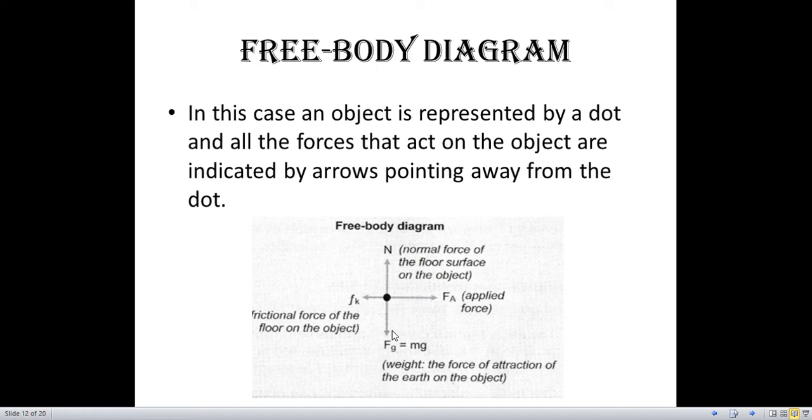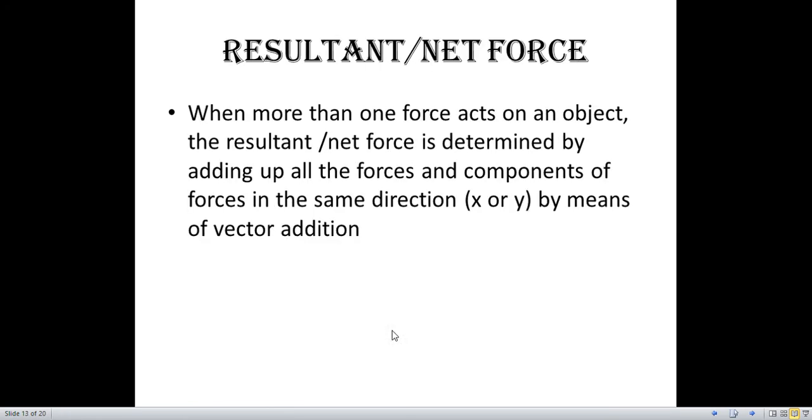Let's move forward. Now we're going to look at the resultant, or rather the net force. When more than one force acts on an object, the resultant or net force is determined by adding up all the forces and their components in the same direction by means of a vector.